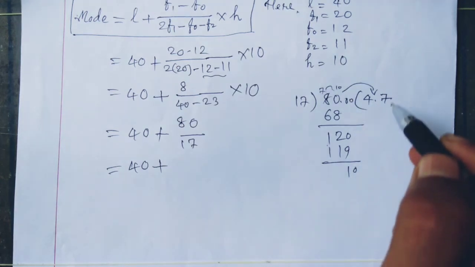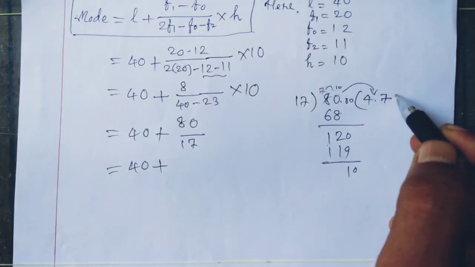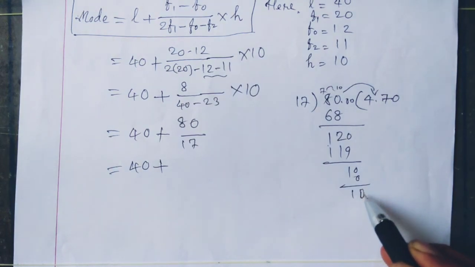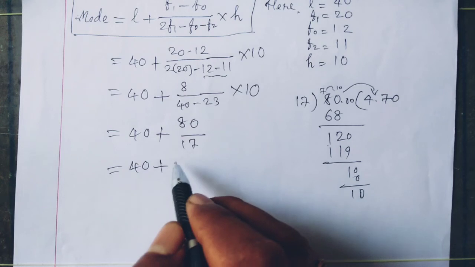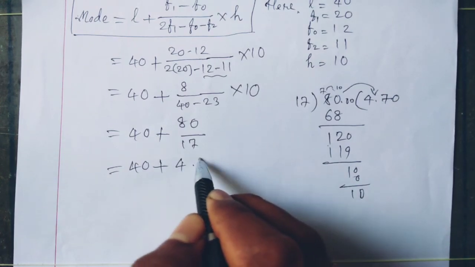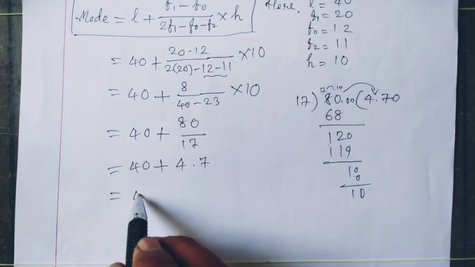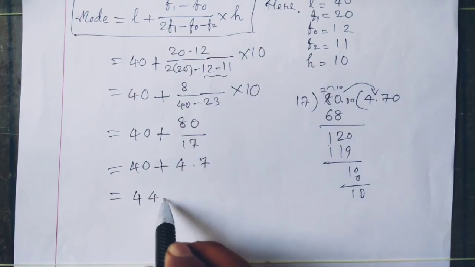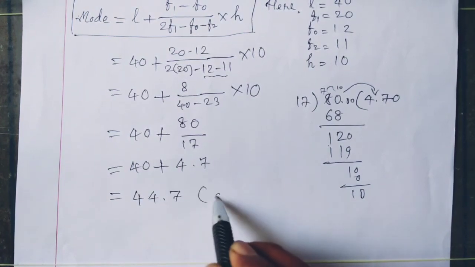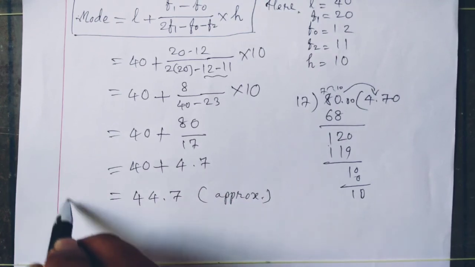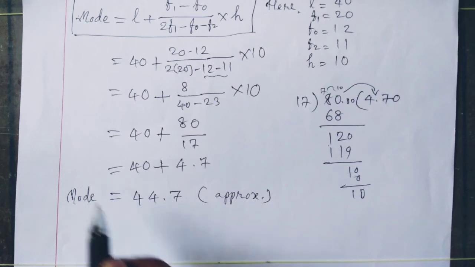Bring down 0. 17 zeros are 0. 10. So approximately 4.707. So 44.7 approx. So this is the mode.